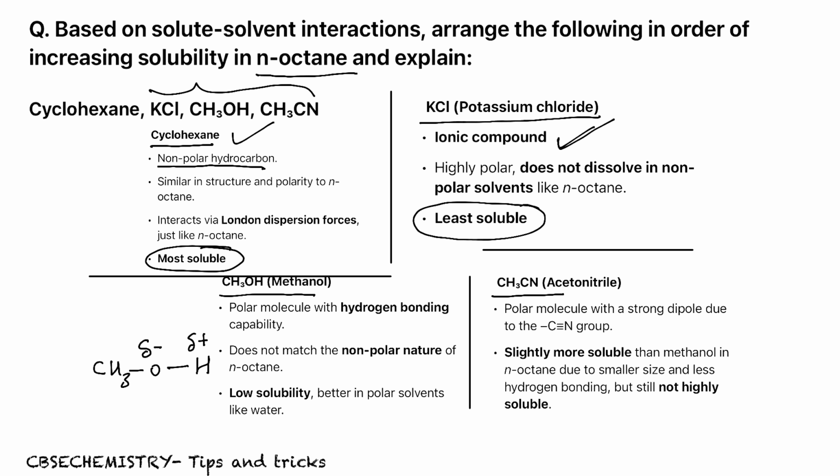And if you check acetonitrile, there also nitrogen is a highly electronegative element, but its electronegativity is less compared to oxygen, right? This is polar but much less polar, correct? So whose solubility is more? We know if the polarity is less, solubility will be more. Hope you understand. So the solubility of acetonitrile is greater than that of methanol.